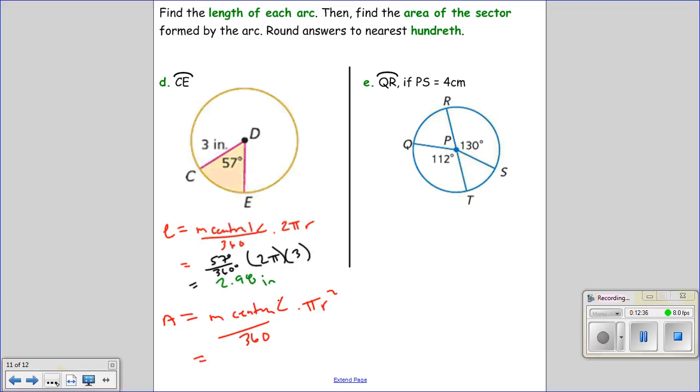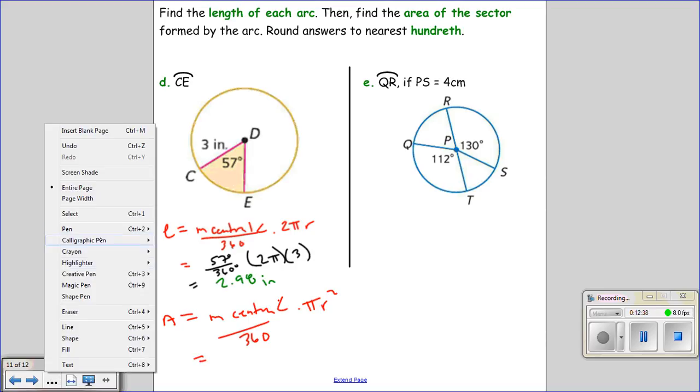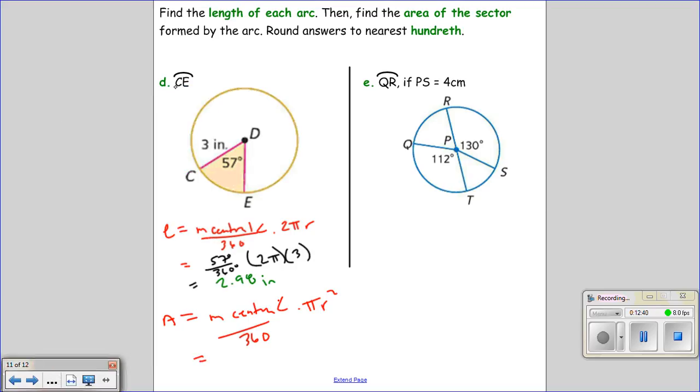So let's substitute what we know. Again, the central angle is 57 over 360 times pi times radius, which is 3 again, squared.